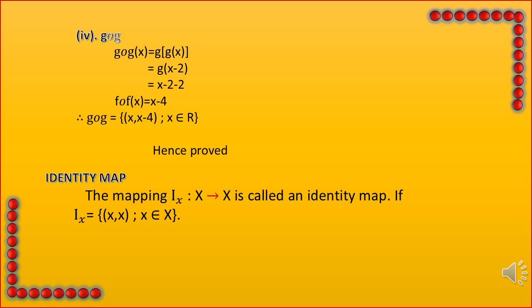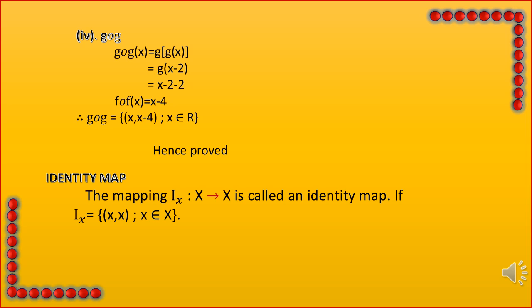We will write x minus 2 minus 2, is equal to x minus 4. Therefore, g composition g is equal to {(x, x minus 4)} for all x belongs to capital R. Hence, proved.